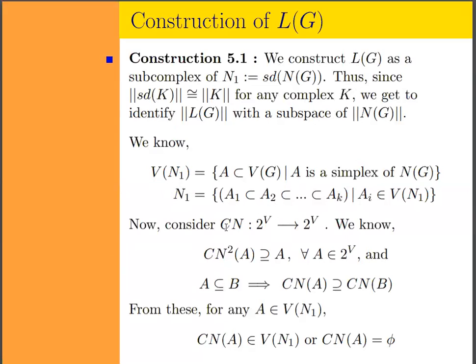Now we consider the map Cn, common neighborhood. Cn squared of A contains A for every A in 2 raised to V, because if you have a set, then any point of that set is adjacent to all its common neighbors. So this just means that A is contained in Cn squared of A. Similarly, A contained in B implies that Cn of A contains Cn of B. So from this, for any A in V of N1, Cn of A is either contained in V of N1 or Cn of A is equal to empty.